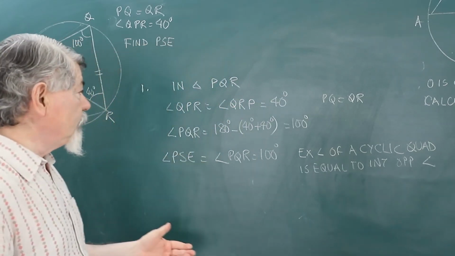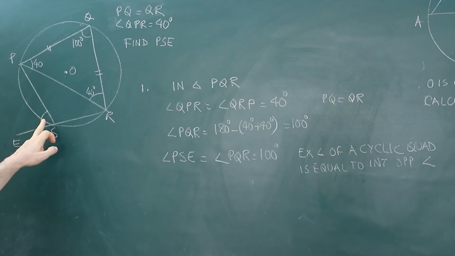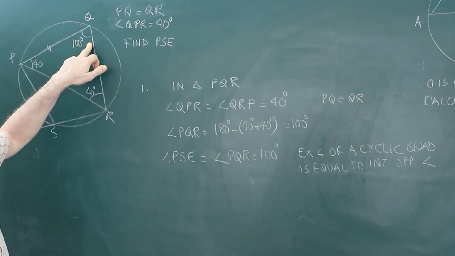This is an exterior angle of the cyclic quadrilateral, and it will be equal to the opposite interior angle.